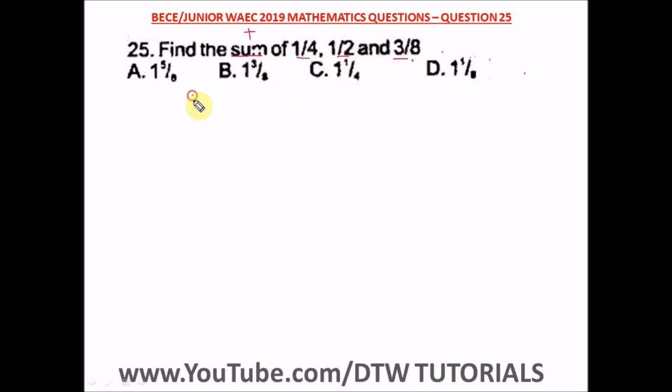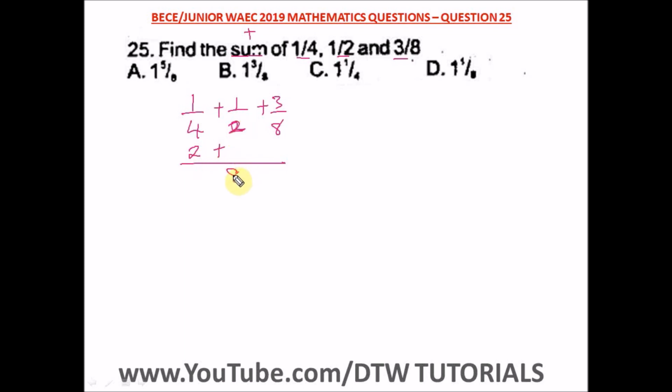All right, so we have here 1 over 4 plus 1 over 2 plus 3 over 8. What's the LCM of all these 3 numbers? It's quite easy. The LCM will be what? 8. Okay, so 4 in 8 will go how many times? 2 times. 2 times 1 will give us what? 2.